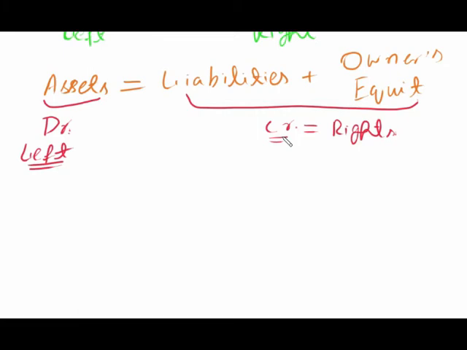But if we do the accounting entries, then we will think in another way. It is just a general overview of what is debit and what is credit. If we do the accounting entries, then we will think in this way.